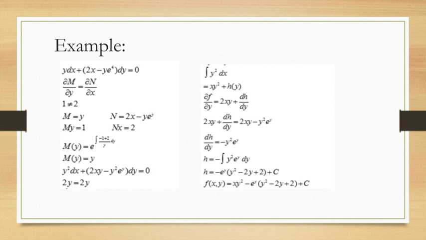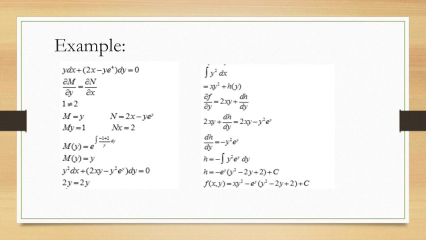So in this question, if we put mu of x to be our integrating factor, we will see in the integration that the denominator will be 2x minus y e to the power of y, which is impossible to integrate with respect to dx since there are variables x and y.